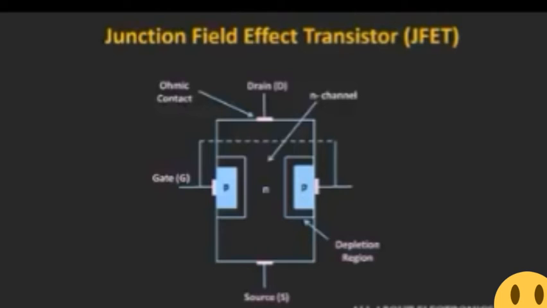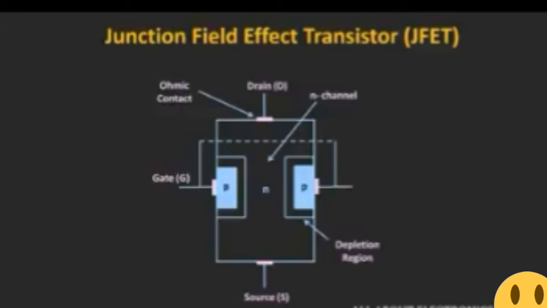Now in the JFET, the gate terminal is provided using a PN junction. If you see the n-type JFET, two small p-type regions are fabricated near the channel, and due to that a PN junction is formed near the channel. Whenever the PN junction is reverse biased, the depletion region of the PN junction isolates the gate terminal from the channel, and only a small amount of reverse saturation current flows between these two regions.